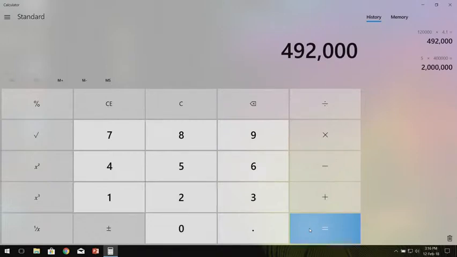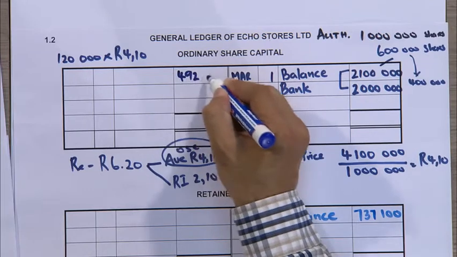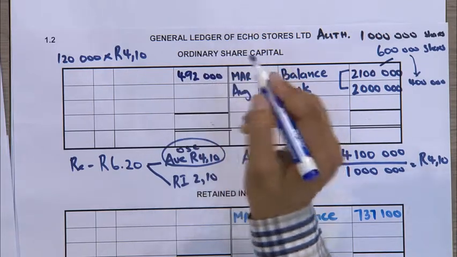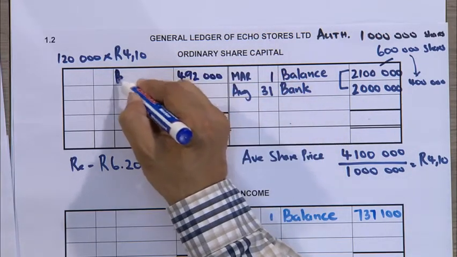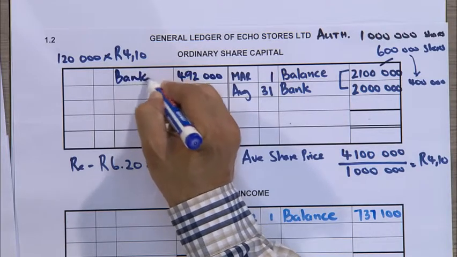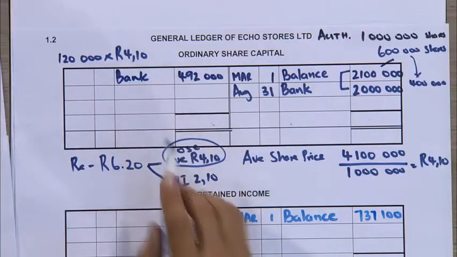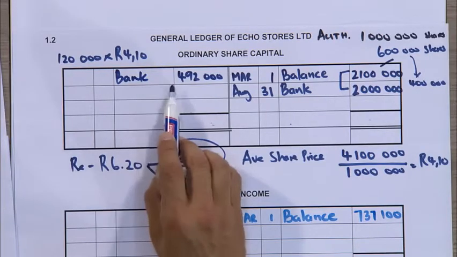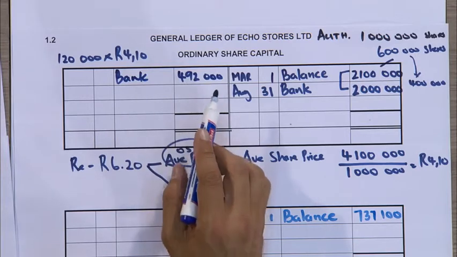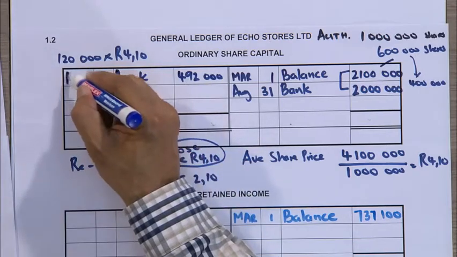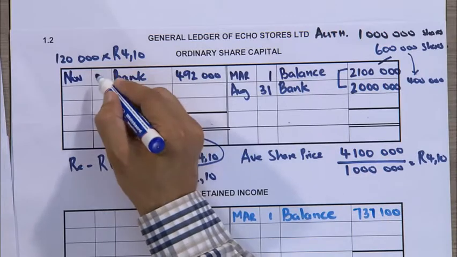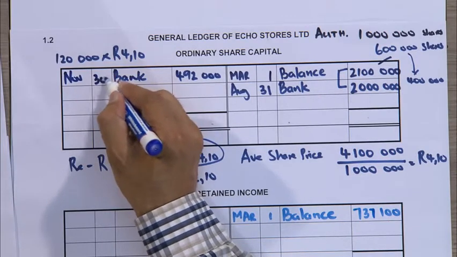Okay, and it's again bank, because the company is spending money to buy back those shares. So your capital will decrease with 492,000, and this is happening on November the 30th.